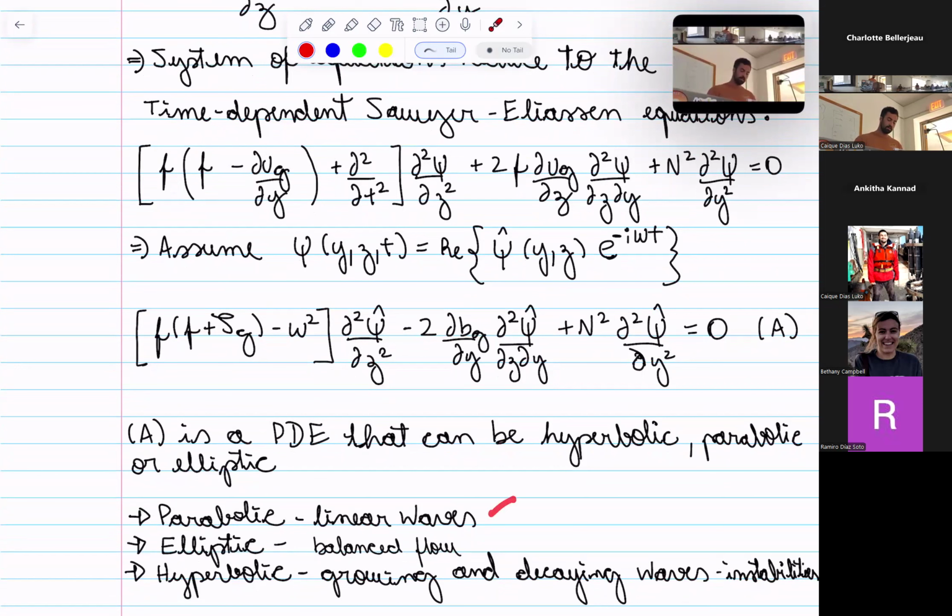If it's parabolic, we find linear waves. If it's elliptic, we find a balanced flow. And if it's hyperbolic, we have growing and decaying waves, which are the instabilities. Now, the case that we're interested in is the hyperbolic one, but let's do something different and look at the parabolic case and see when this fails.